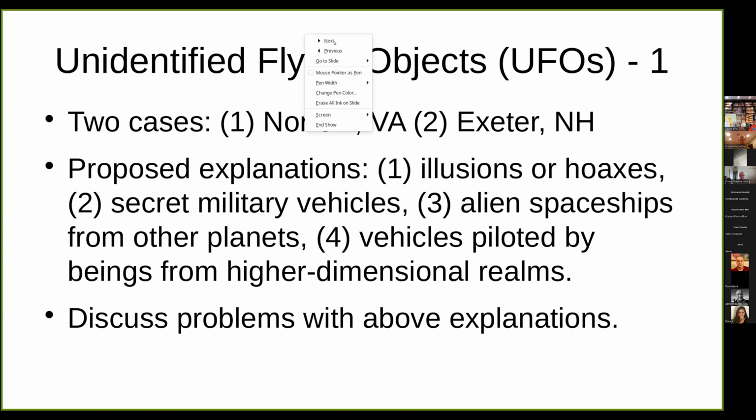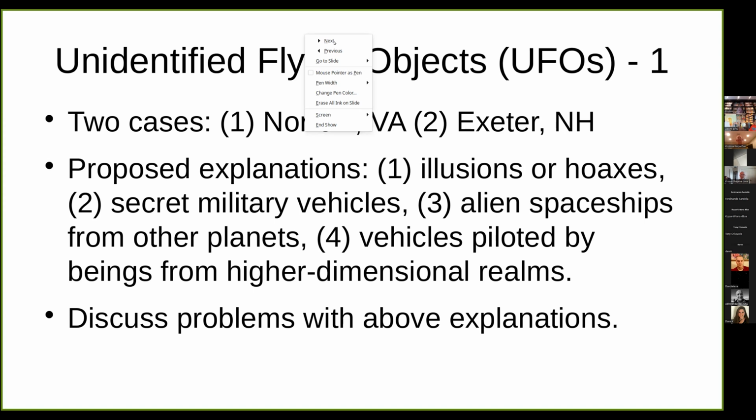And then he talks about alien spaceships from other planets, and that couldn't be a possible explanation, because as far as the scientists and their theory goes, they say that human life evolved on this planet.